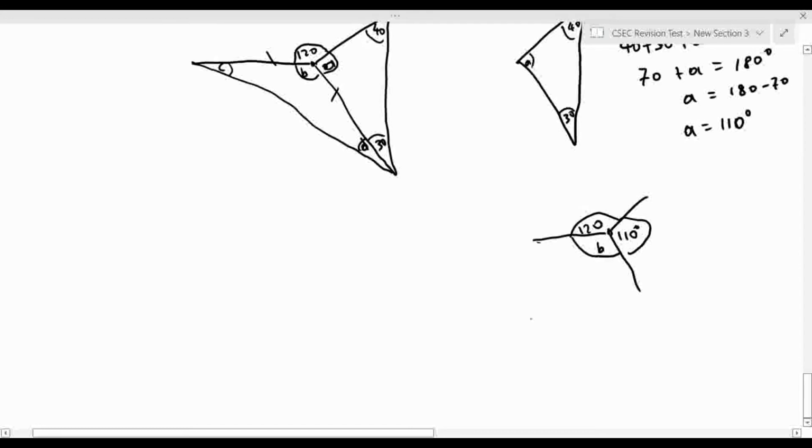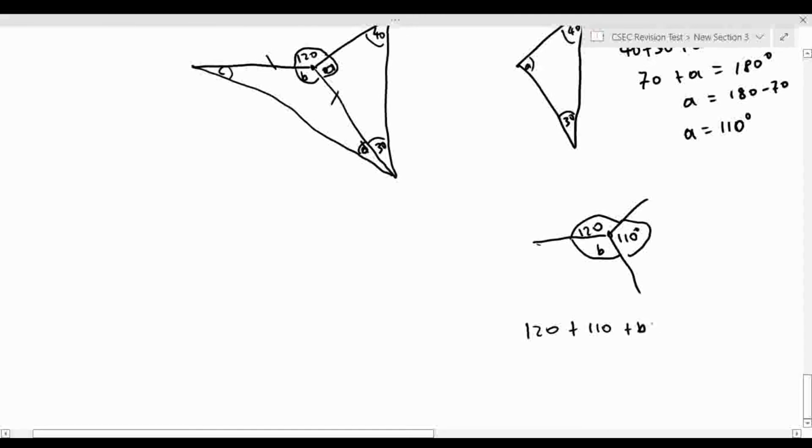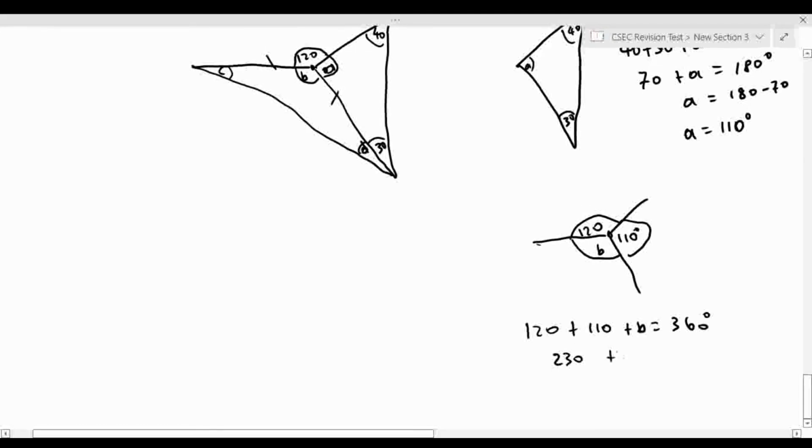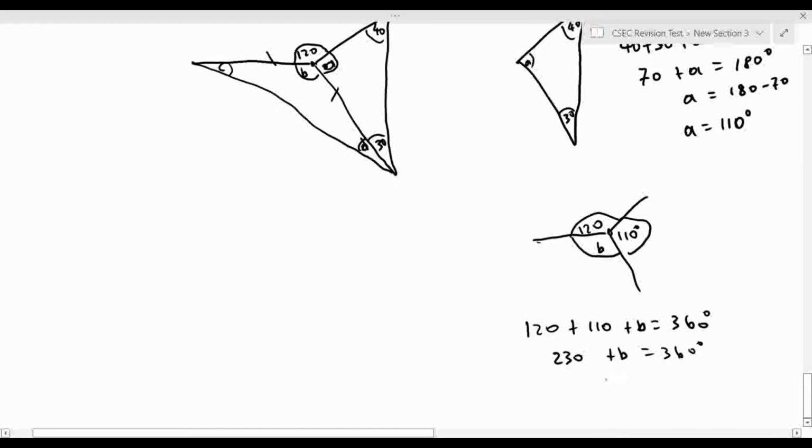We know angles at a point add up to 360 degrees. Therefore, we should have our 120 plus our 110 plus our angle B must be equal to 360 degrees. The 120 plus the 110 gives us 230, plus our B is equal to 360 degrees.